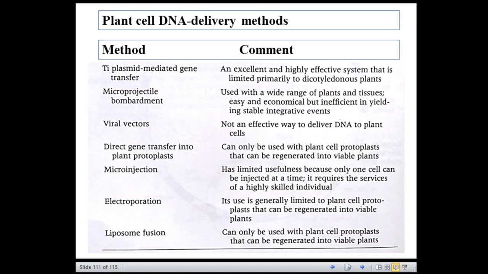In addition, other transformation methods have been developed that introduce the cloned genes into a small number of cells of a plant tissue from which the whole plants can be formed, bypassing the need for regeneration of a plant from a protoplast. So you have two approaches.